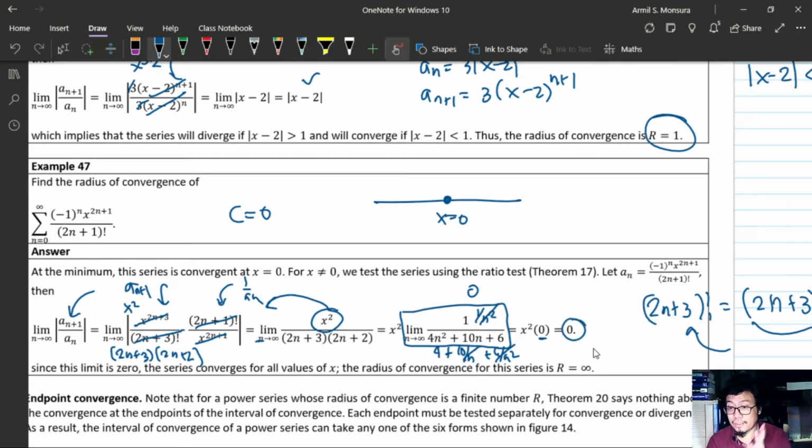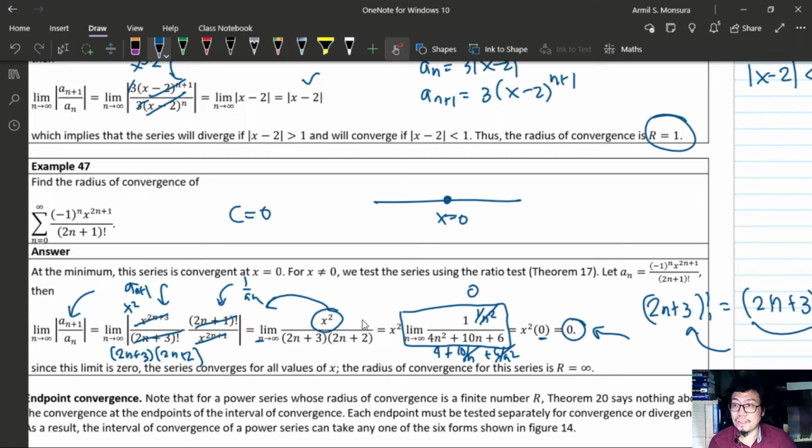Now, since the limit is 0, your series is convergent. We will not be able to solve for a particular value of x for which it would converge. In fact, it would converge for all values of x.